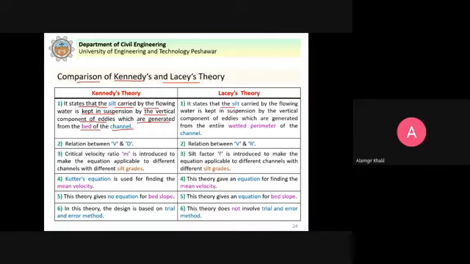Lacey theory states that silt carried by the flowing water is kept in suspension by the vertical component of eddies which are generated from the entire wetted perimeter of the channel. We already discussed this. Kennedy's theory gives the relation between V and D, the critical velocity. Lacey theory gives the relationship between V and R.